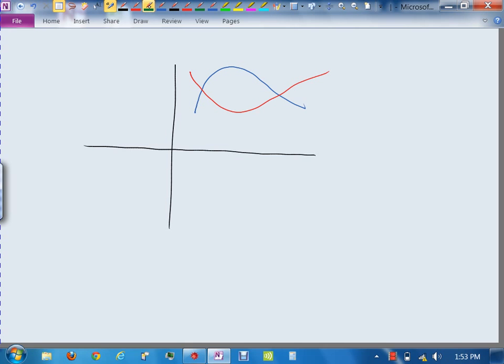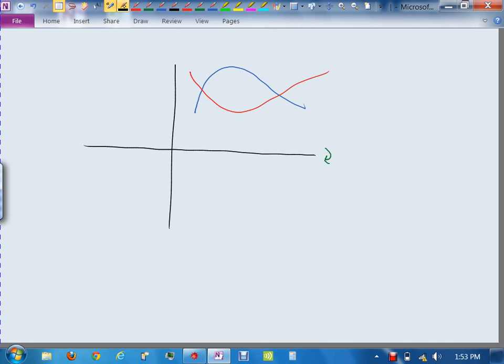So notice next to my x-axis, I'm going to draw a little curved arrow. That's going to mean I'm rotating around the x-axis. Because as you'll see later, we're going to do some things around the y-axis. So instead of just a single function wrapped around, I want to know the volume of just that region wrapped around.